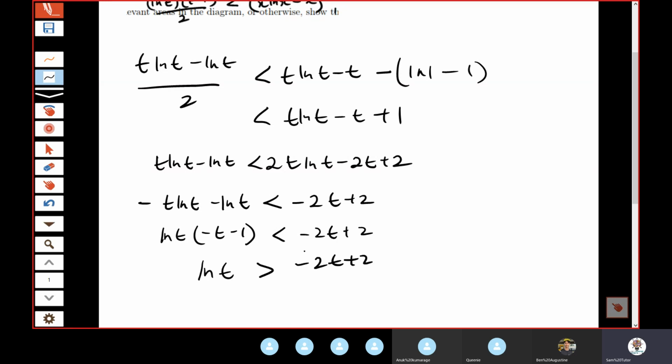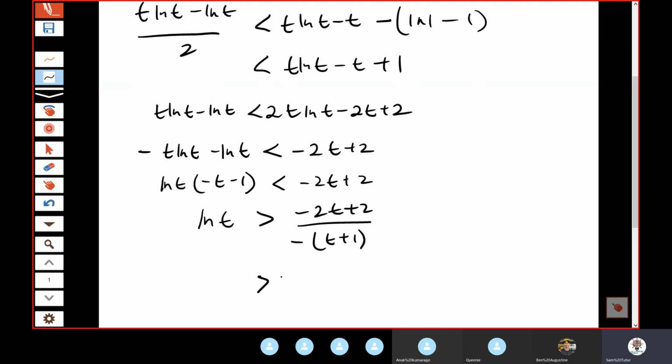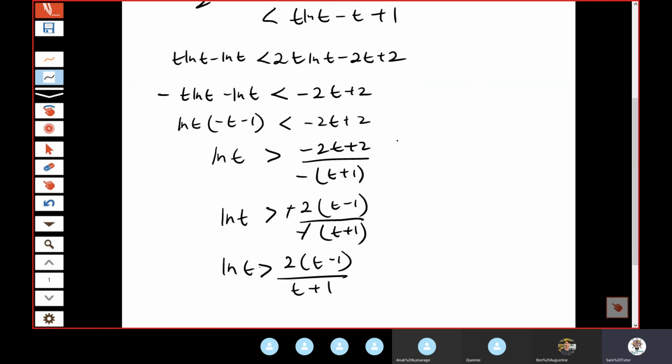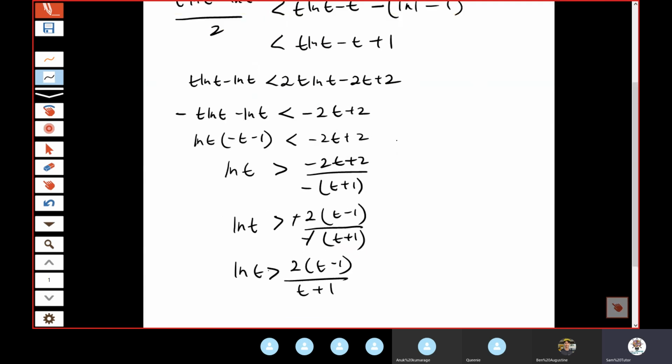But otherwise, obviously, you also know that it's divided by negative. Then factorize, and factorize the top. This cancels out, and then you should be done. Log t greater than 2(t minus 1) on t plus 1. Same style of thinking, just algebra.